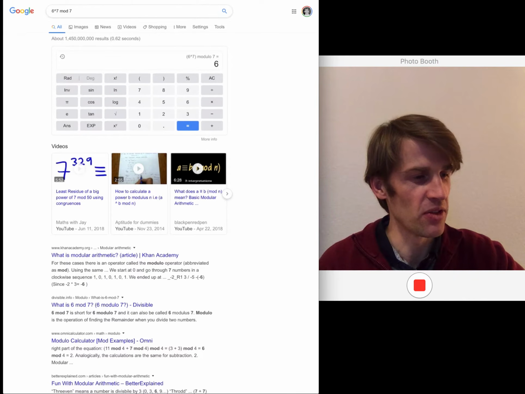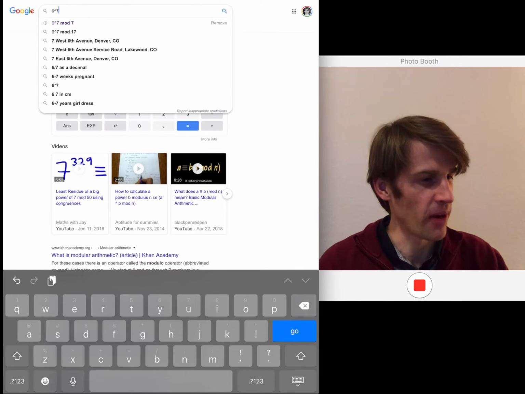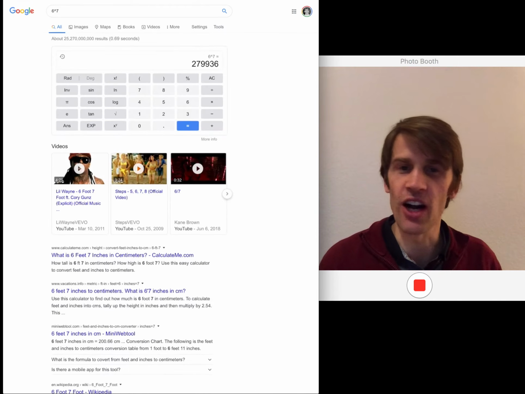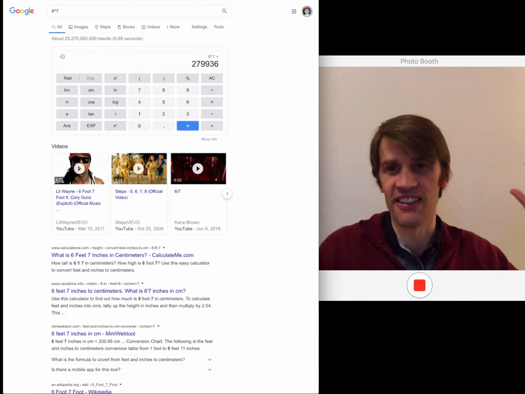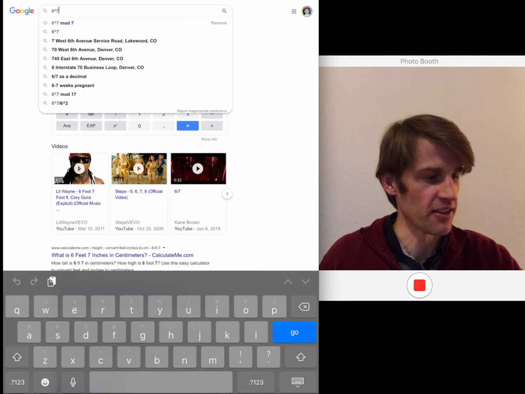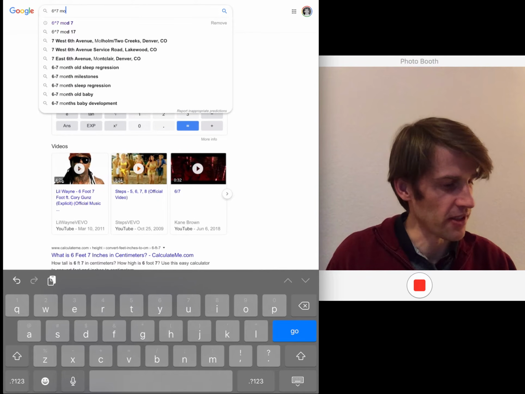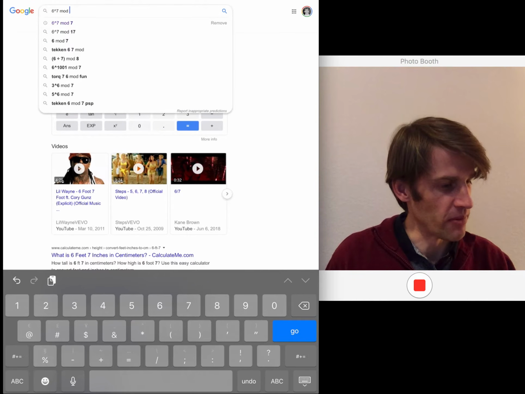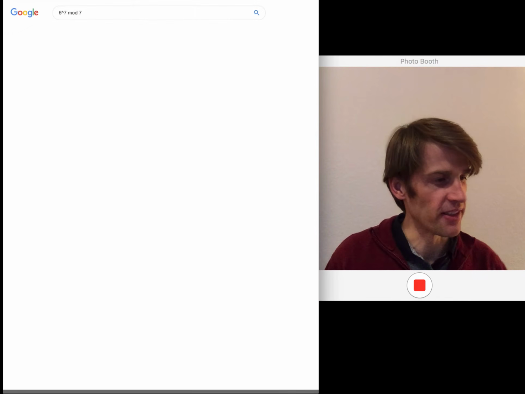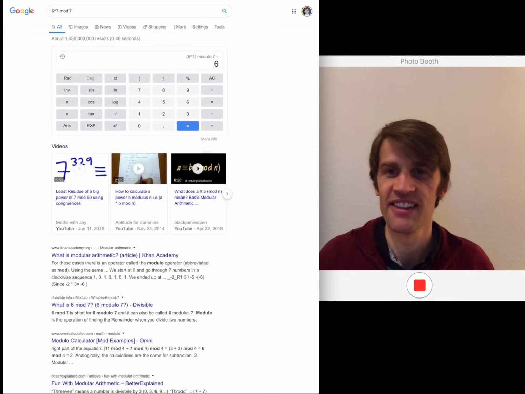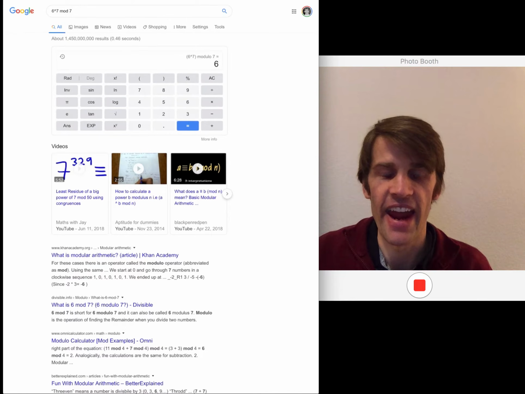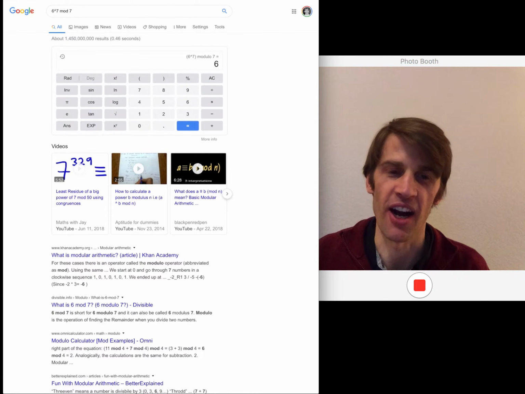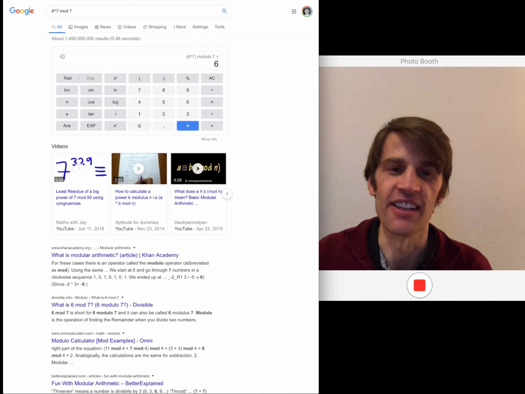Even though 6 to the 7th power is this huge unwieldy number, surprisingly, its remainder, when divided by 7, is 6. So A to a prime power, mod that prime, is always A.